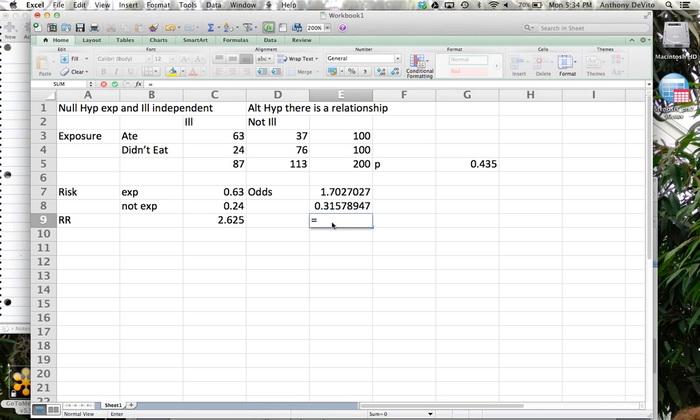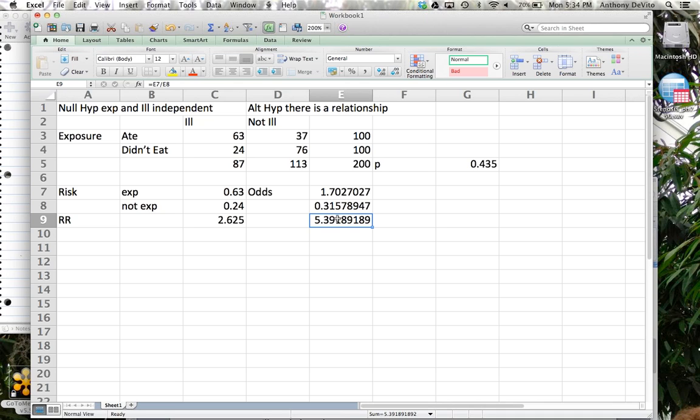And our odds ratio is going to be equal to our odds for exposure divided by our odds for non-exposure, which comes out to be 5.4. A lot more dramatic looking than 2.65. But when you calculate the confidence interval for the odds ratio, you'll get the same conclusion in all likelihood as you would for the relative risk.